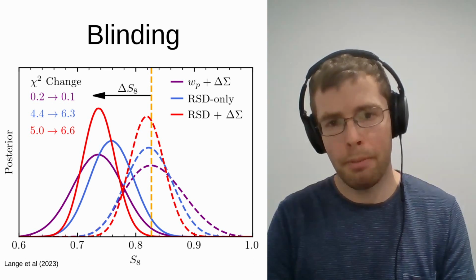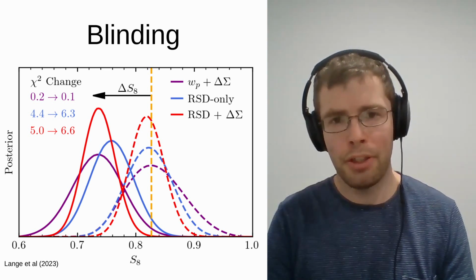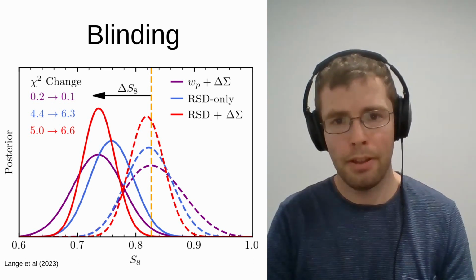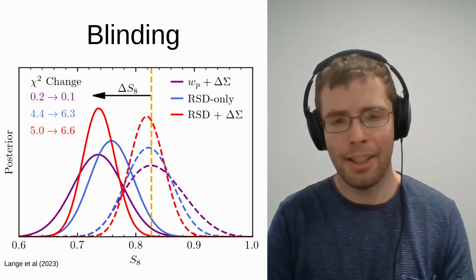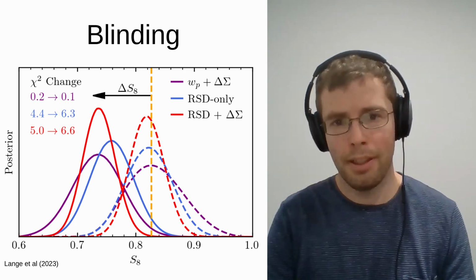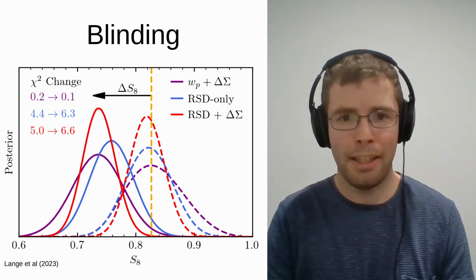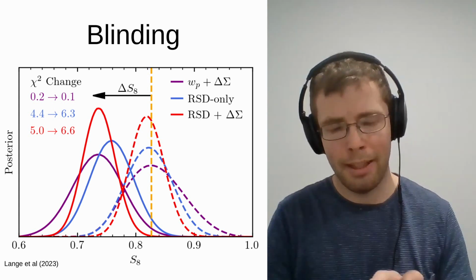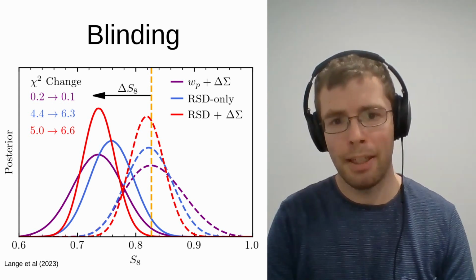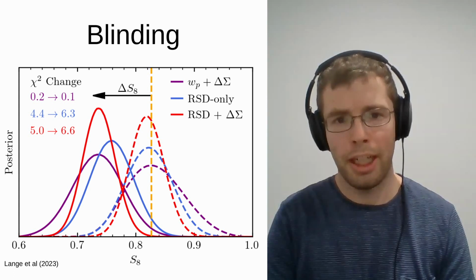Also, before applying this to the real data, we performed our analysis blindly. So we follow the blinding procedure that was introduced in the Dark Energy Survey Year 3 analysis. That means we perturb the actual galaxy-galaxy lensing measurements as well as galaxy redshift-space clustering measurements in such a way that the inferred value of S8 is shifted by a random amount, at the same time in a way that keeps the goodness of fit basically or close to unchanged.